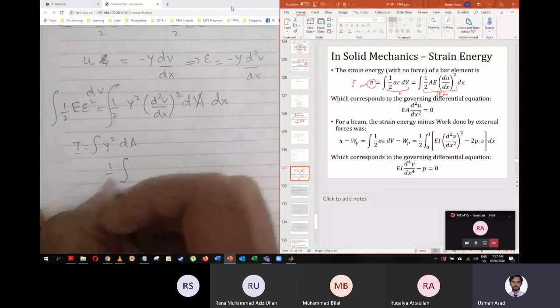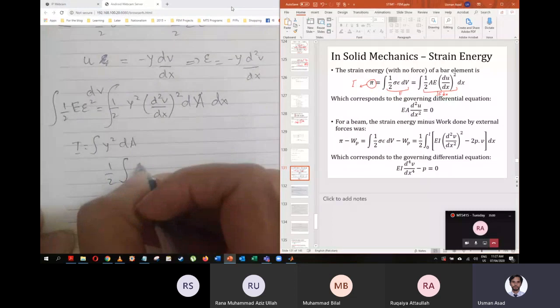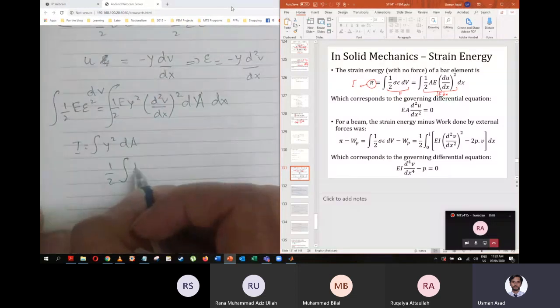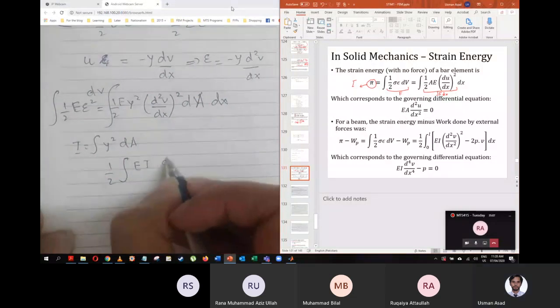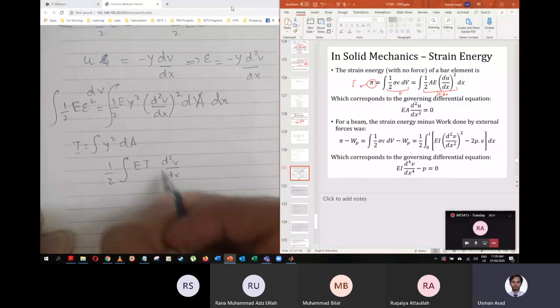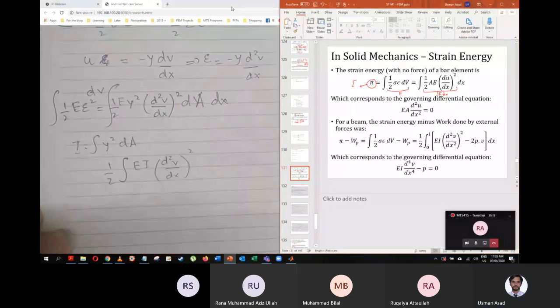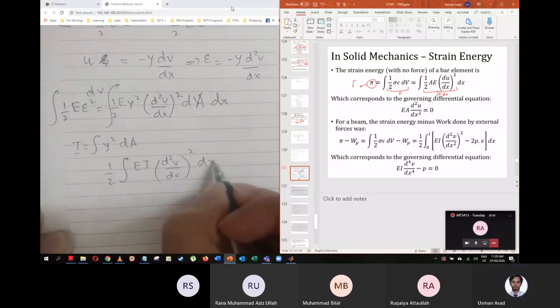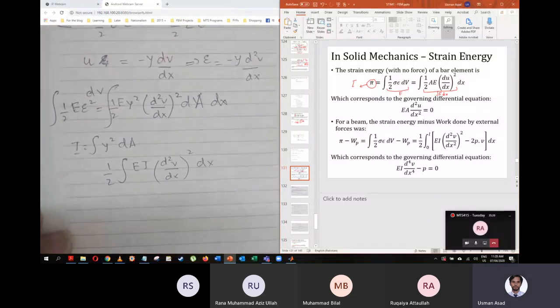So then we get to our final result कि this becomes integral half बाहर ले आए बेशक of, and you know E भी था यहाँ पे कहीं ना कहीं, right? E was somewhere here. E I, second derivative of v whole square, dx. और उसके बाद ये माइनस 2pv वाली टर्म, बिकॉज ये हाफ से हाफ कट जाएगा, is the work done by external forces, right?